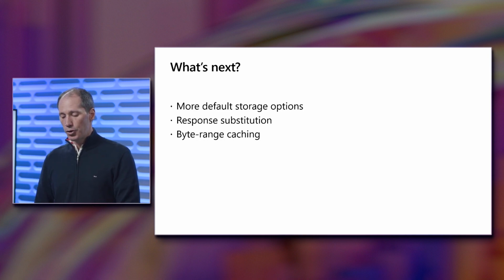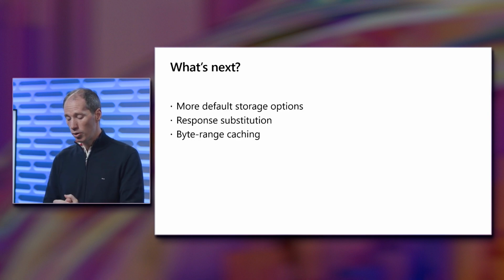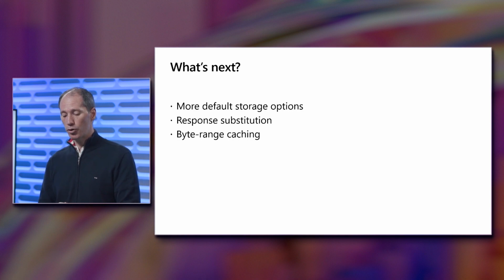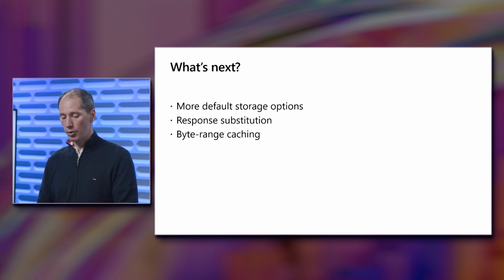Another feature is to provide more storage options. As for now, we just have the memory cache that is implemented. But when we ship next November 7, we expect to have also a disk-based solution to store on the disk, and probably also a Redis solution.